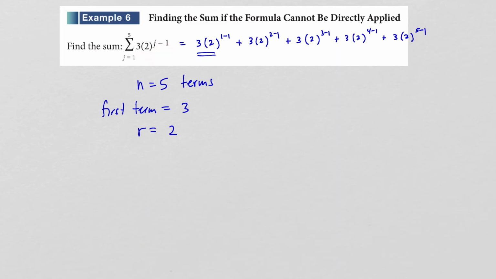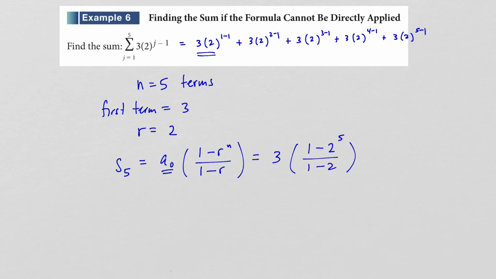Now, once I have that, I can say that the sum of the first 5 terms here is going to be a naught times 1 minus r to the n divided by 1 minus r. And then we just have to go ahead and plug everything in. So a naught really is just the first term, that's 3. Then we have 1 minus 2 to the 5th power divided by 1 minus 2.